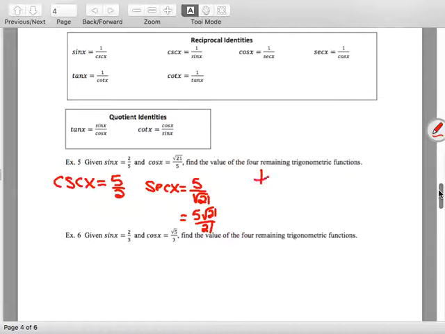Now, how am I going to find tangent? Sine over cosine. Yeah, sine. So I'm going to take 2/5 over radical 21 over 5. So that's going to be one of the most common questions I'm going to receive is, how do you do tangent?